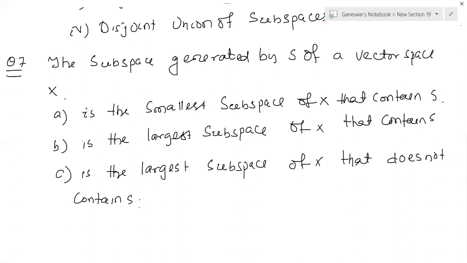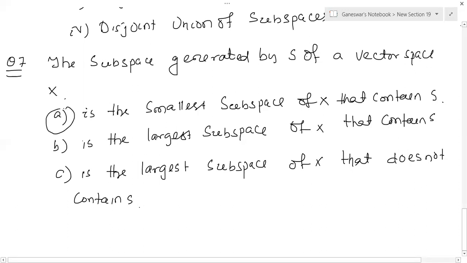Just follow the subspace generated by S. S is a subset of X, that was one condition, and X must be a subset of X. The subspace generated by S is the smallest subspace that contains S. Option A is true.